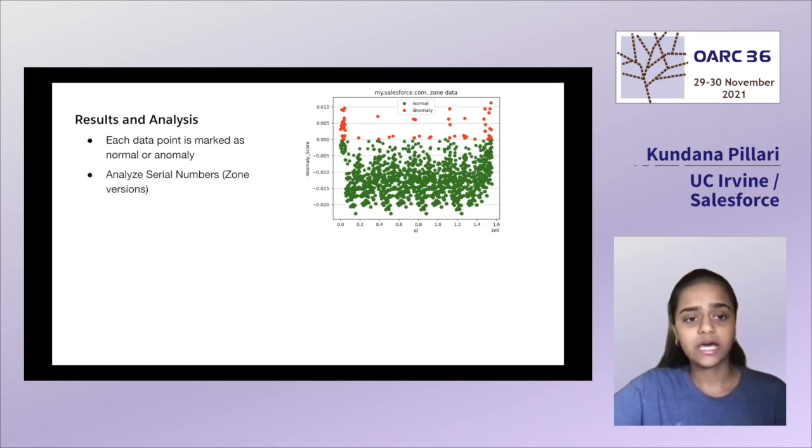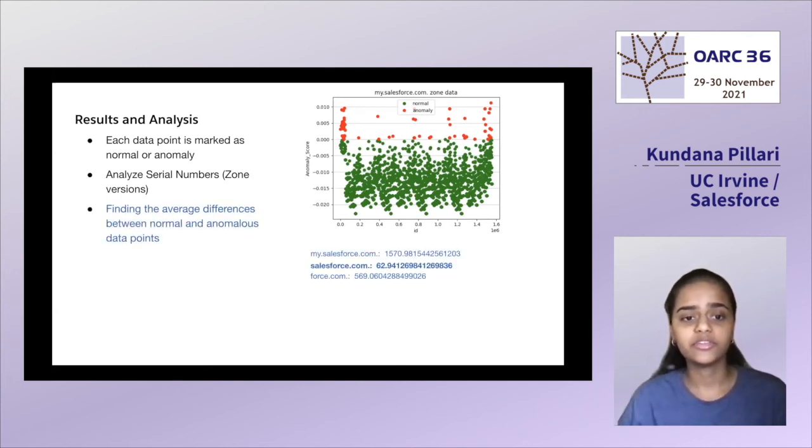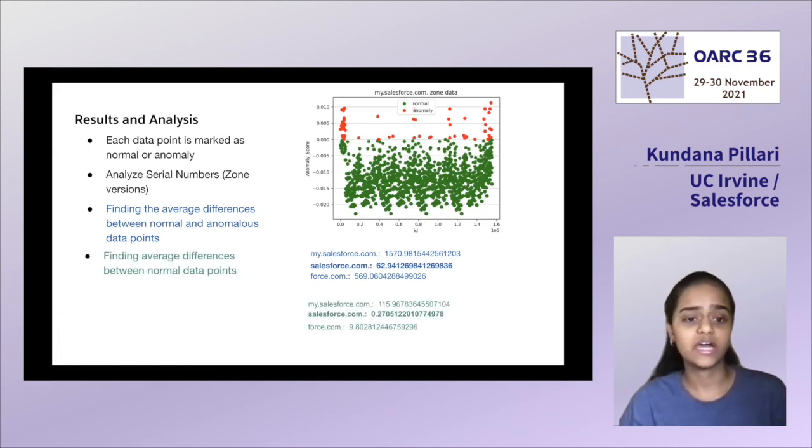Going into analysis, the idea was to look at the serial numbers or the zone versions. I found the average differences between the normal and the anomalous data points, and for comparison, I also found the average differences just between the normal data points. Here, for example, for salesforce.com, you can see that the difference between the normal and the anomalous is around 63, but just between the normal data points is around 0.27.